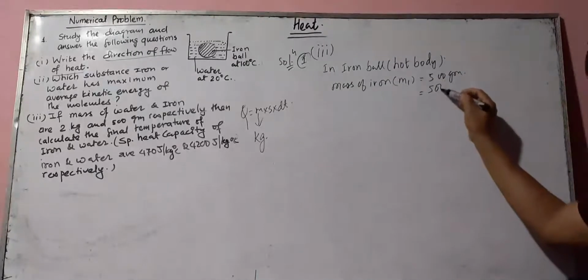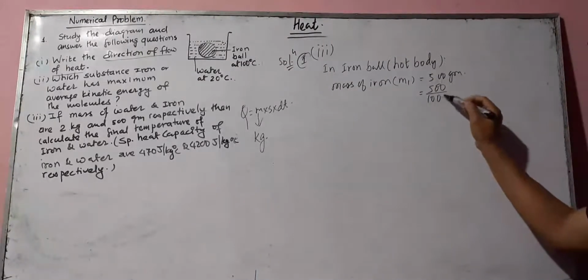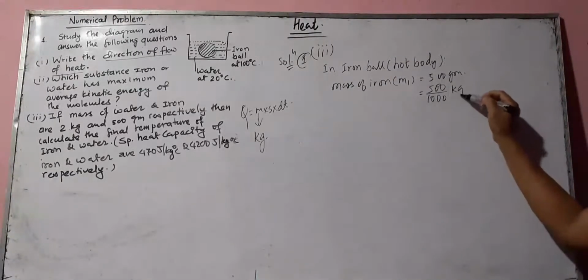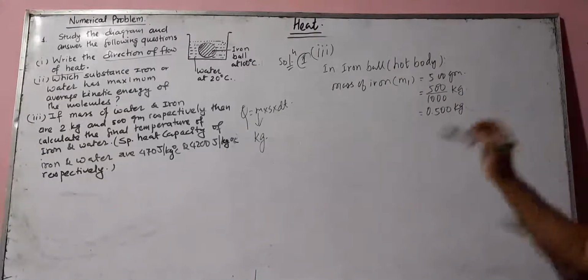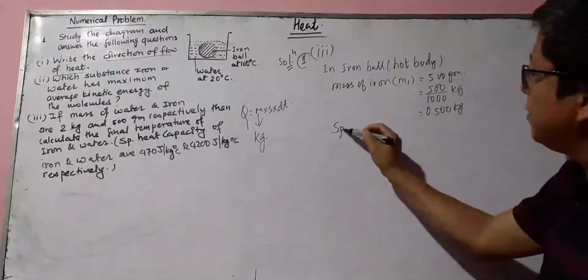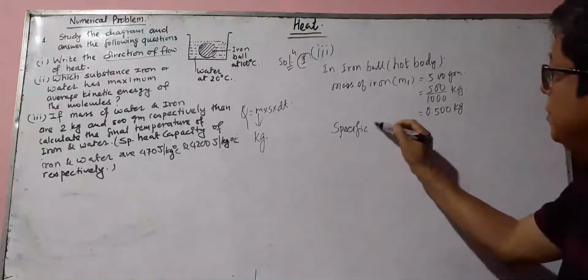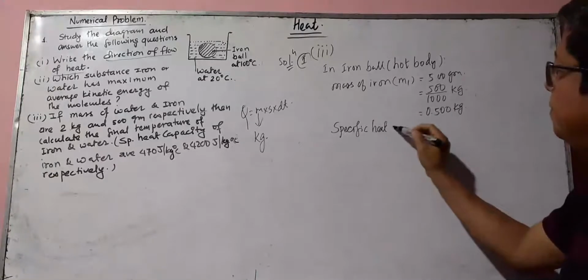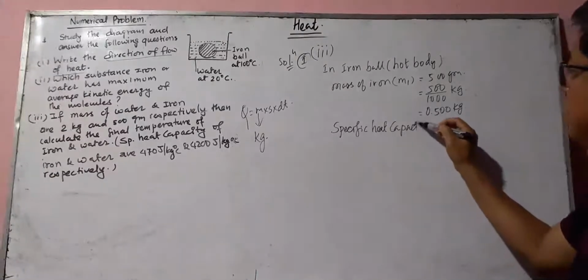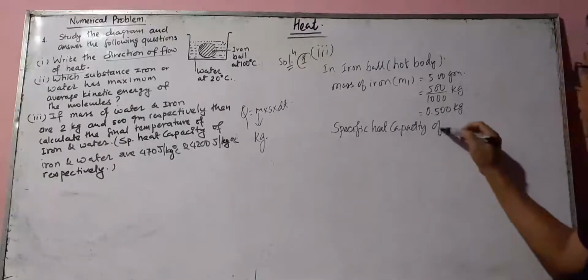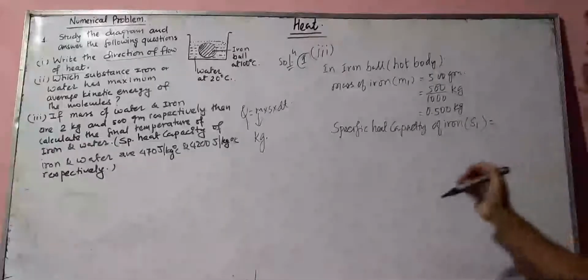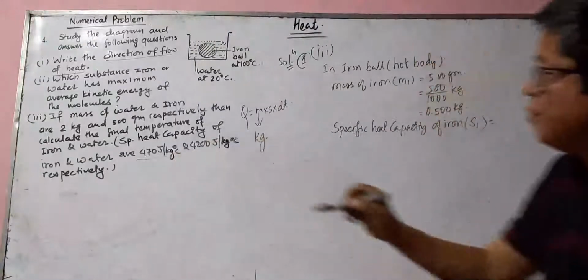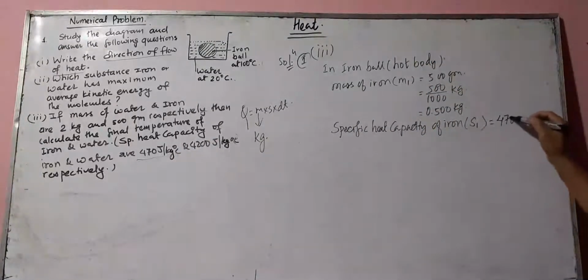To convert gram into kilogram, we divide by thousand, and it becomes 0.500 kg. And the specific heat capacity of iron, that is S1, is also given in the question. It is 470 joule per kilogram degree Celsius.